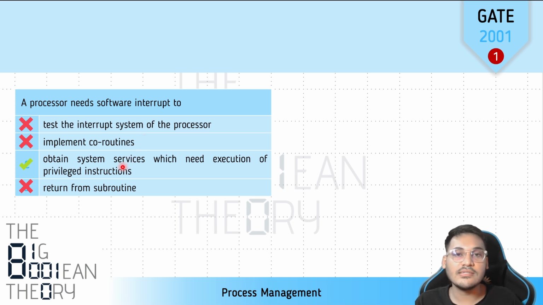Only option C is relevant in the context of a system call, right? A software interrupt is either a system call or an exception, and system calls are required because your user process requests system services where privileged instructions are executed. So a processor needs the software interrupt mechanism to have a system call. So option C is the correct answer.